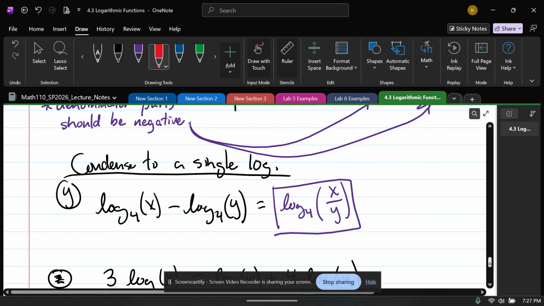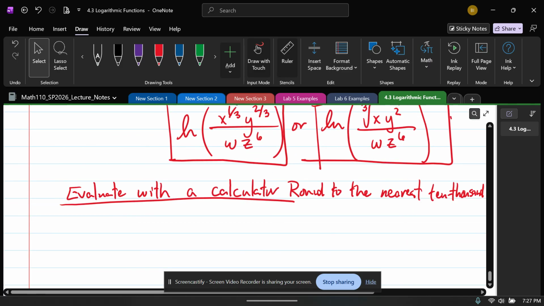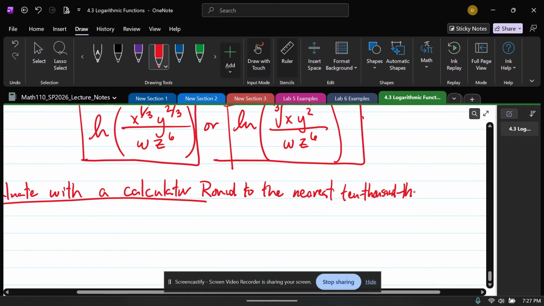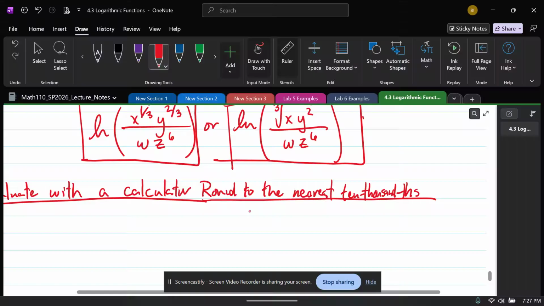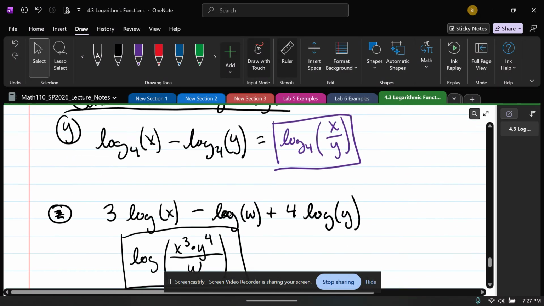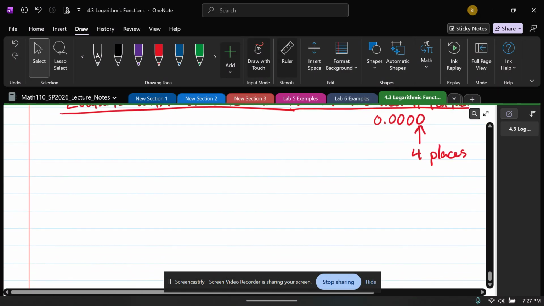How many places is 10 thousandths? Here's tenths, hundredths, thousandths, 10 thousandths. So that's 4 places. Okay, so AB.